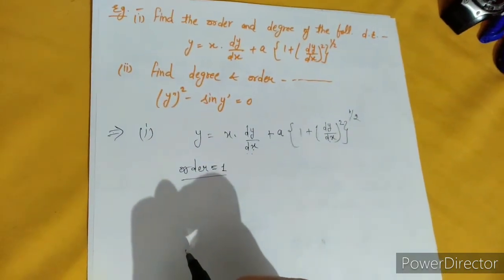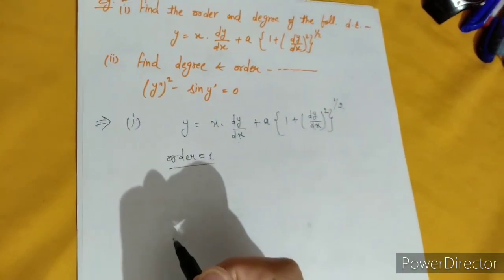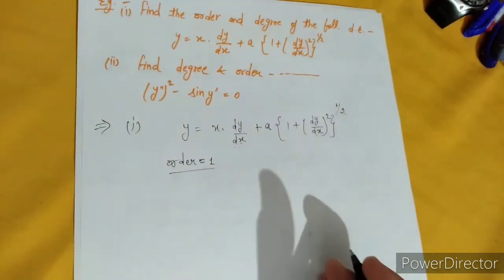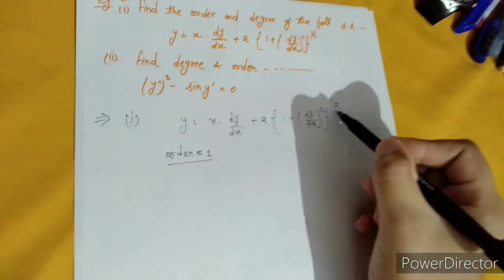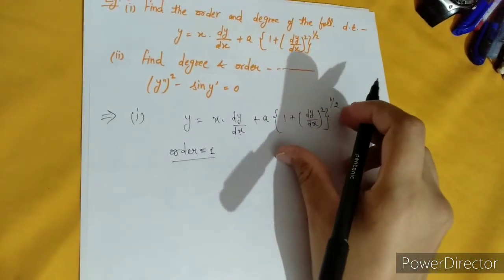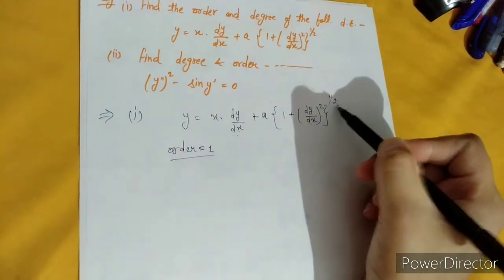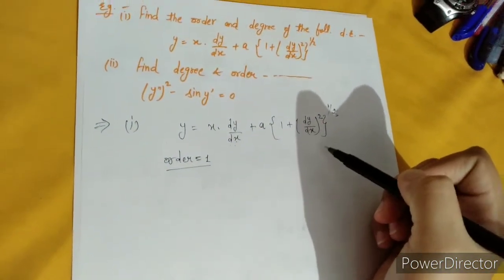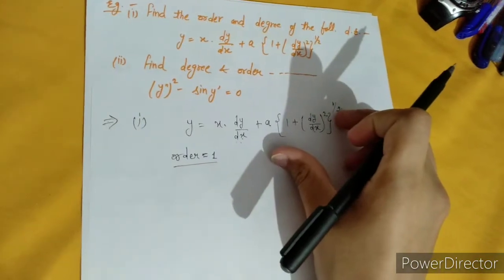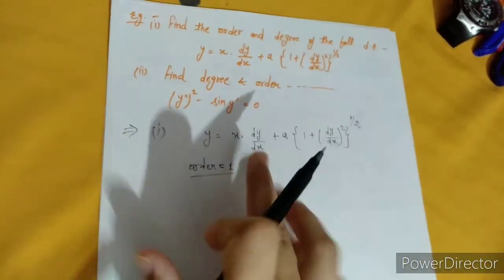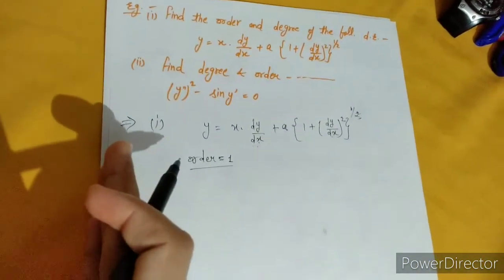Now we have to find out the degree of the differential equation. To calculate the degree, first of all we have to make this differential equation free from this fraction. So how will you do that? Put the fractional part on one side and the non-fractional part on the other side.